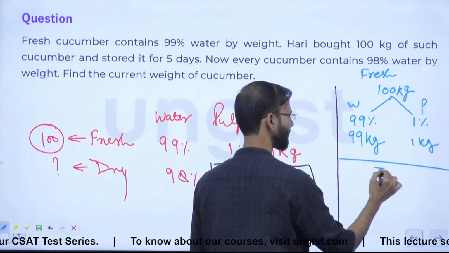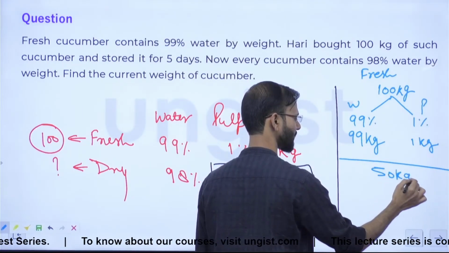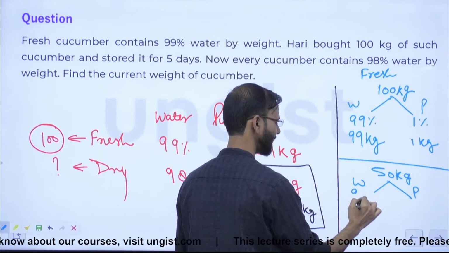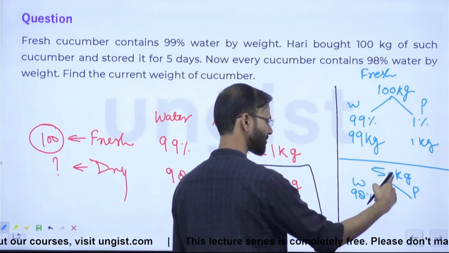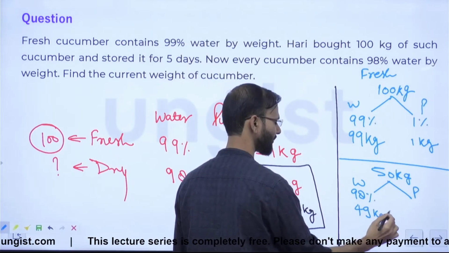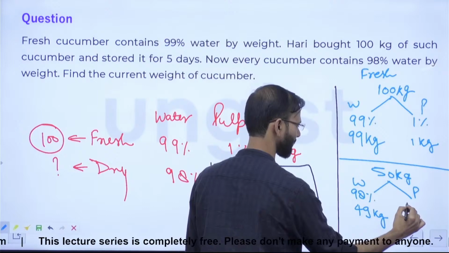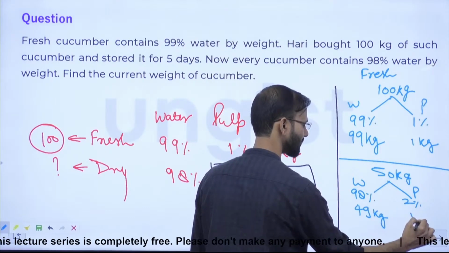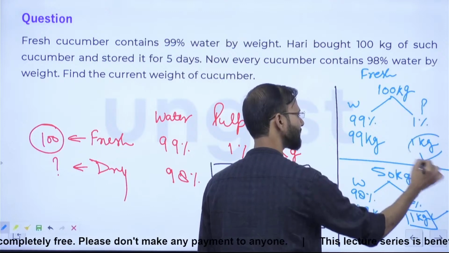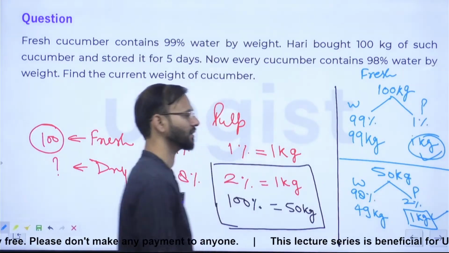After that, when it is 50 kg, with 98% water, 98% of this will be 49 kg, right? What is left? 1 kg pulp. So pulp will remain constant here and here.